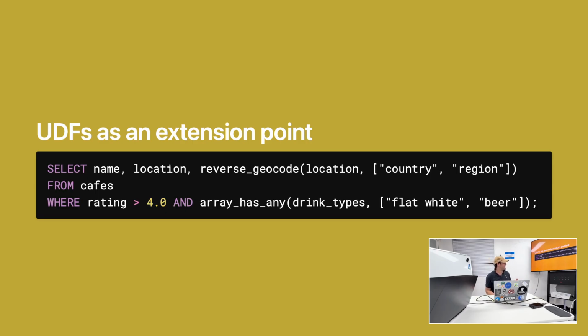Like, I don't think you could build a reverse geocoder in SQL in a way that wouldn't require a whole lot of gymnastics. But we can just write this reverse geocode function in Rust, and we get these UDFs. UDF stands for user defined function. And so like this reverse geocode function here in the SQL is something that we define ourselves.